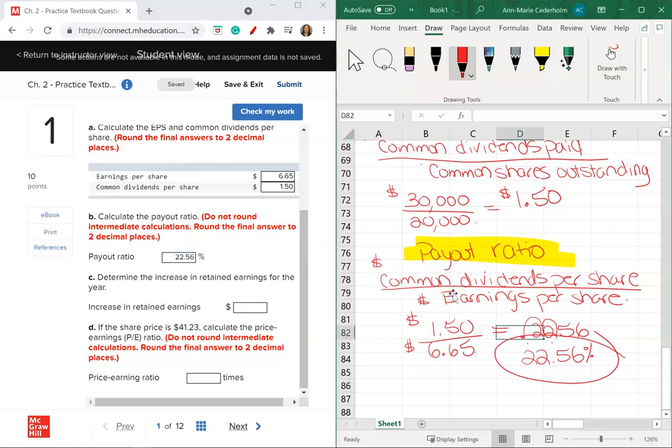What that tells us is that for every 1 of earnings per share, you get 22.56% of the common dividends paid on that 1 share.